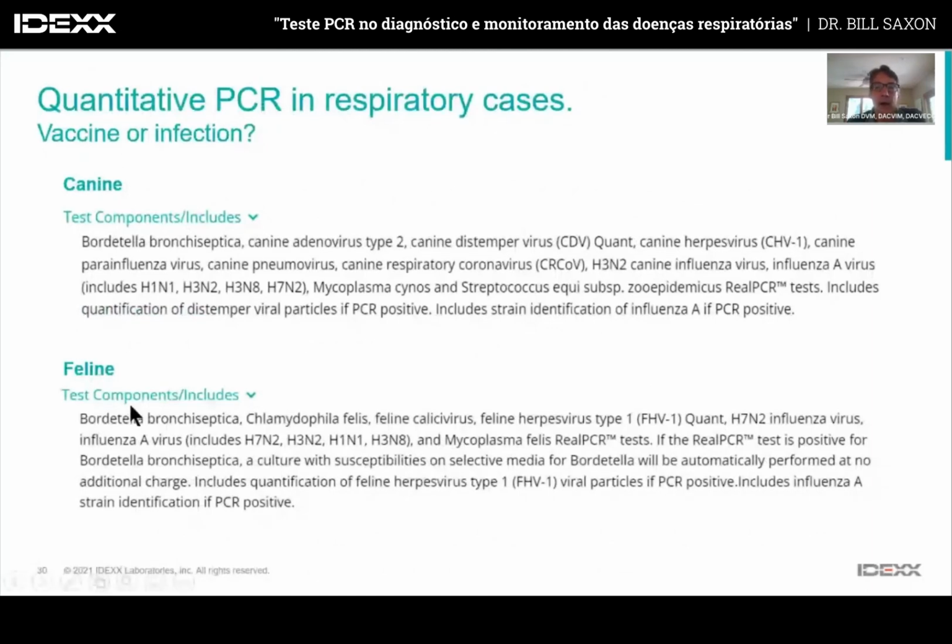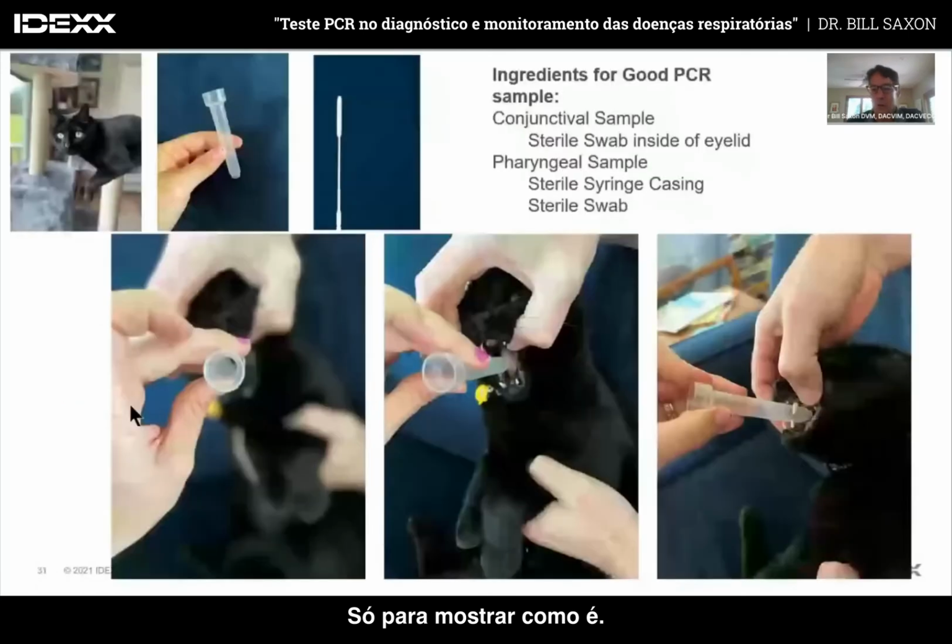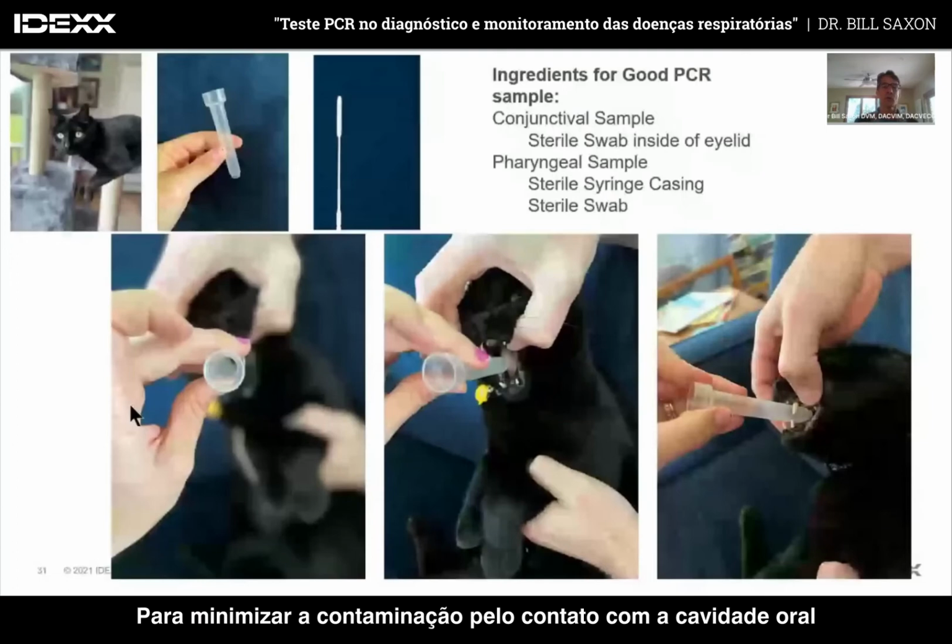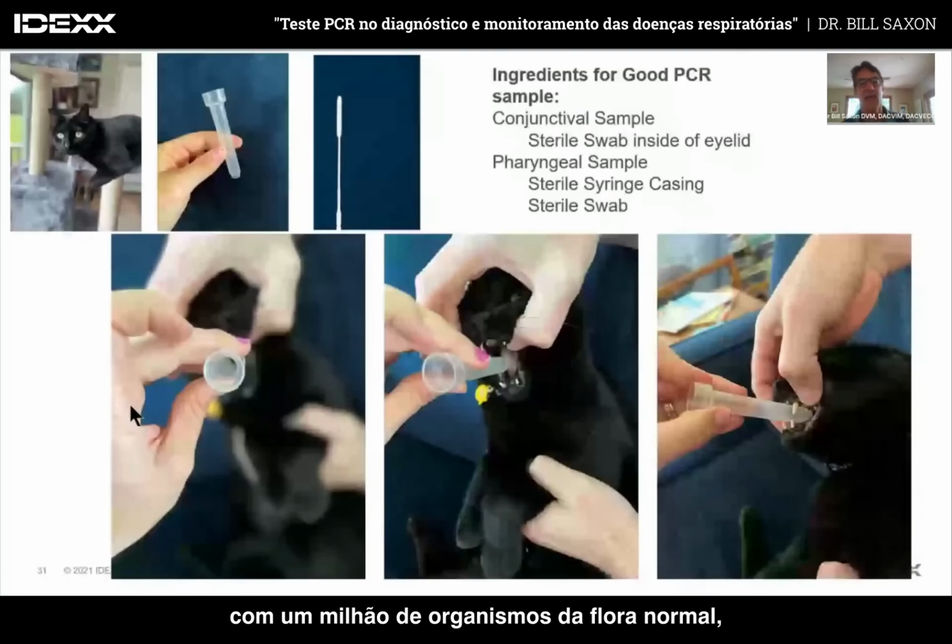Now, just to show you how it goes, in order to get the cleanest sample and minimize contamination from the oral cavity, with the millions of organisms that are hanging out there as normal flora, you really want to direct that sterile swab into the caudal pharynx. To do that, it helps if you can get the cat to be amenable to passing it through a sterile syringe case.